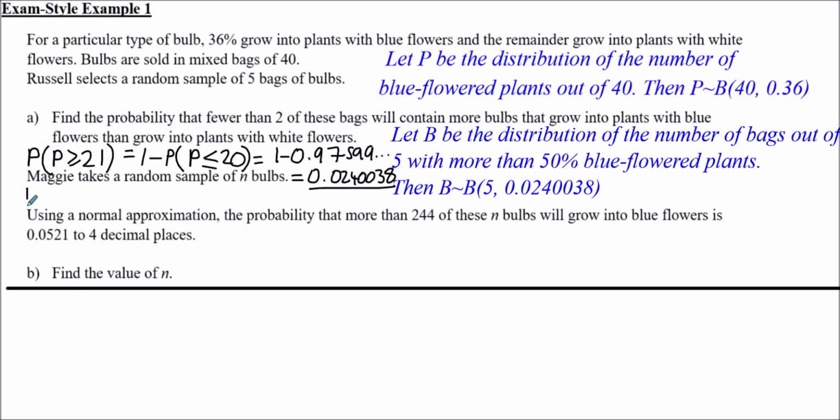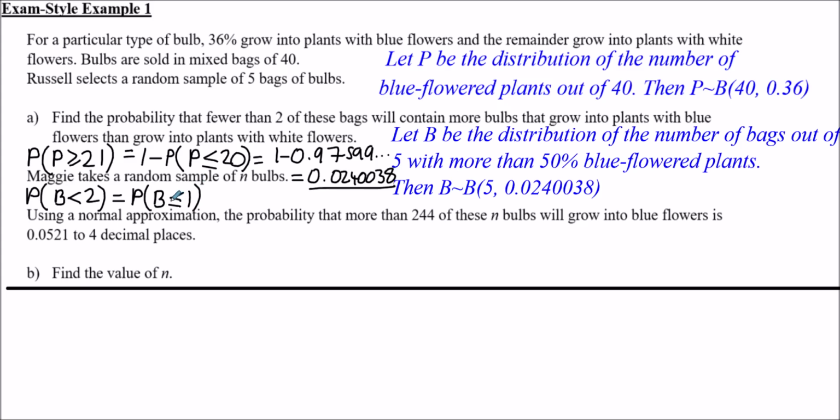What's the chance that fewer than 2 bags end up with more than 50% of those bulbs flowering blue? Fewer than 2 bags is the same as the probability of having up to and including only 1 bag with more than half being blue.